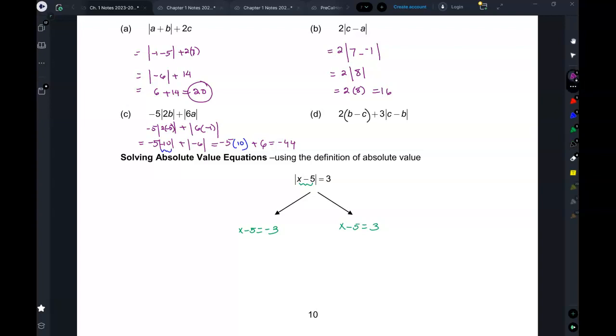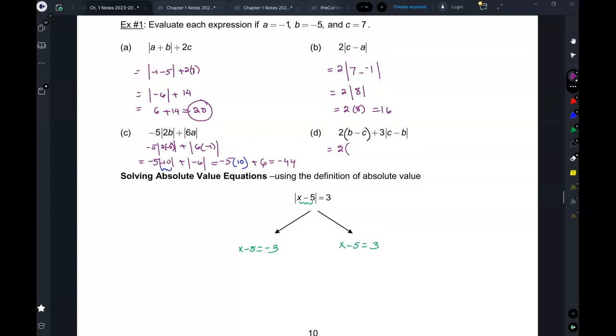Okay, so take a look at this one. I have 2 times regular parentheses b minus c, negative 5 minus 7, plus 3 times absolute value 7 minus negative 5. So this is 2 times negative 12, that's just a regular parenthesis, plus 3 times, now this is going to be a 12, right?